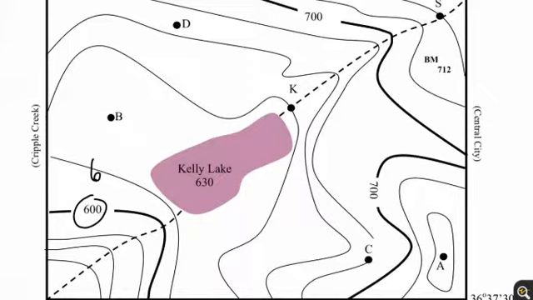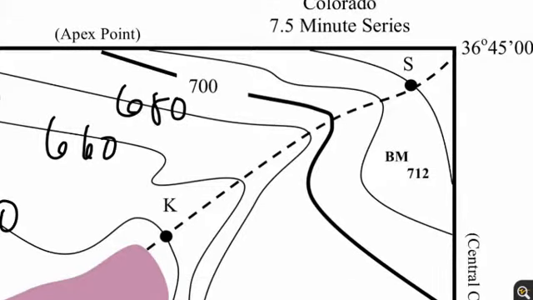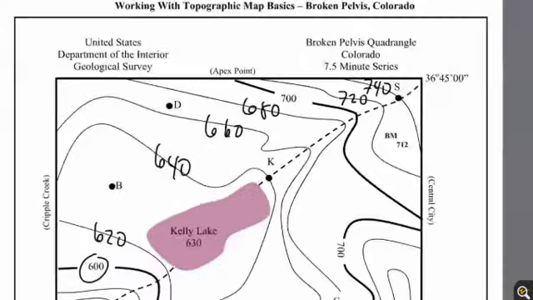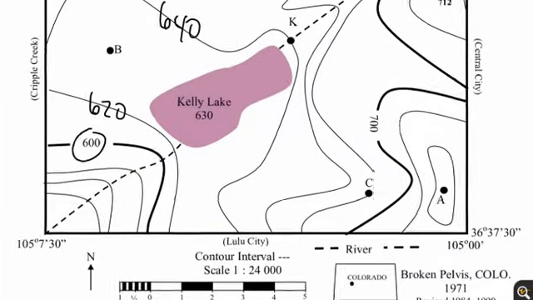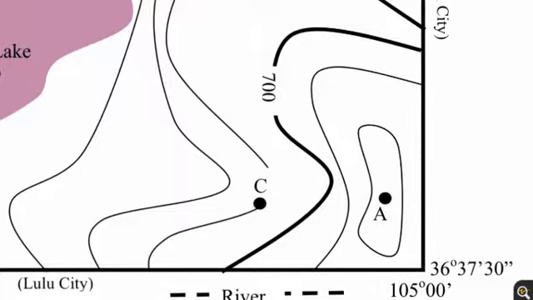That would make this 620, 640, 660, 680, 700. Up here is 720. Here's 740. A couple more to label. Here we have our 700 here. Here's another 720. And here's a 740.